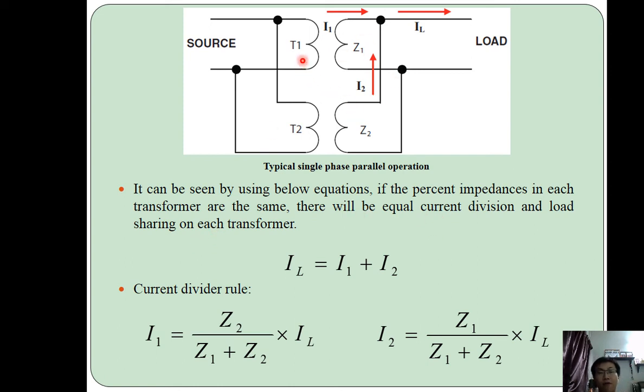For example, I have transformer 1, transformer 2, Z1, Z2 the same. So I1 is here, I2 is here. This is my IL, load source. So IL equals I1 plus I2. Current division rule, so I have this one.